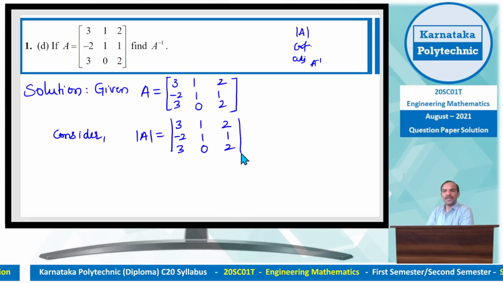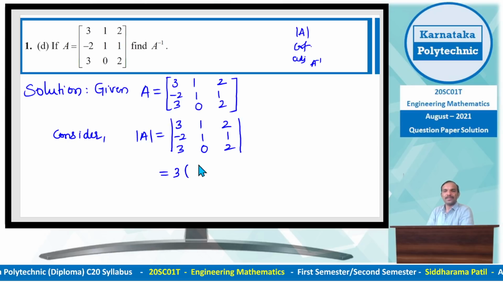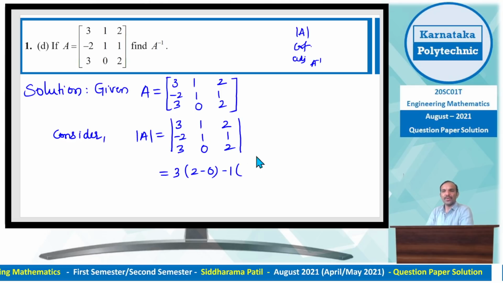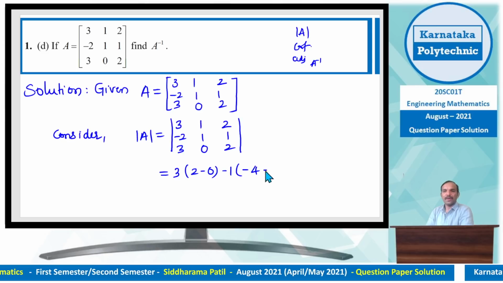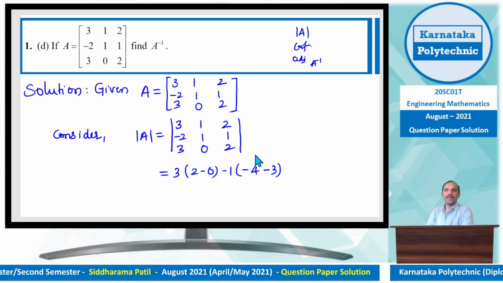Now expand with respect to the first row. Equal to 3 into, first row first column deleted, 1 into 2 minus 0 into 1, minus 1 into, first row second column deleted, minus 2 into 2 minus 4 minus 3 into 1, minus 3.